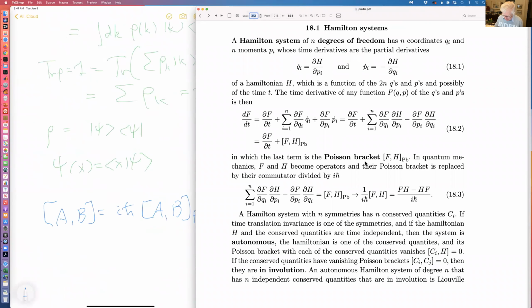The commutator of Q with P, of course, is just i h bar. And so what is the Poisson bracket of Q with P?